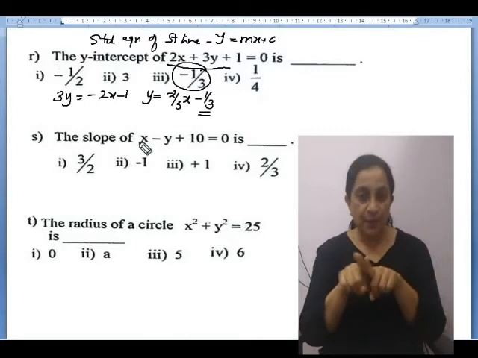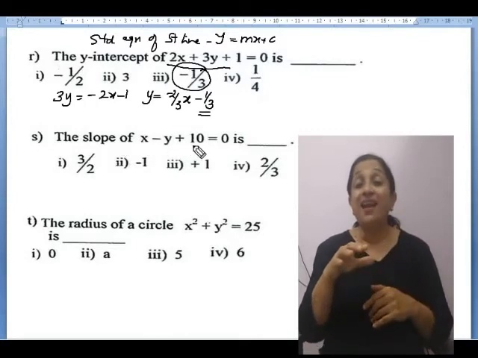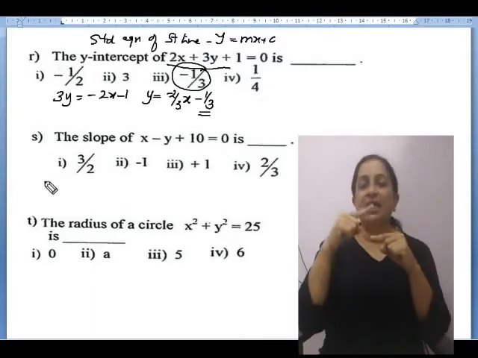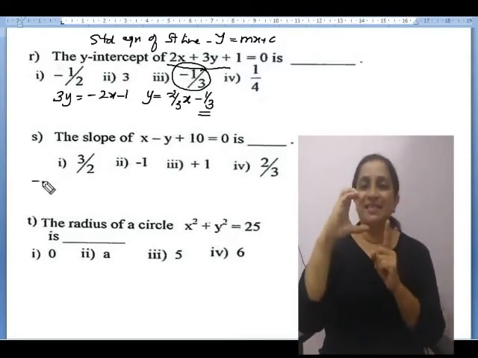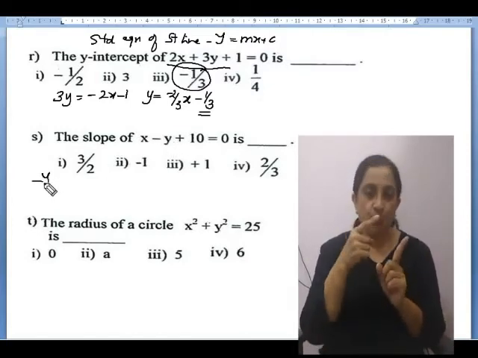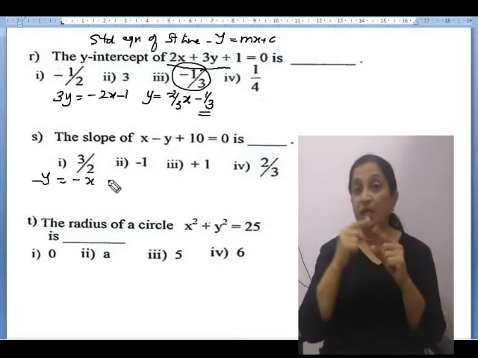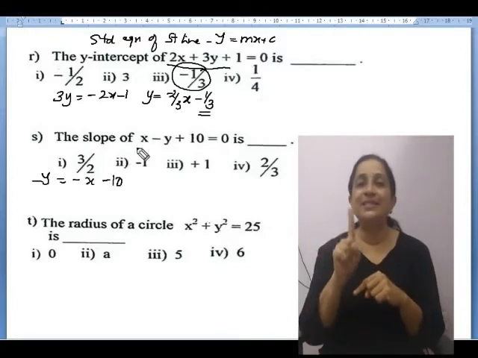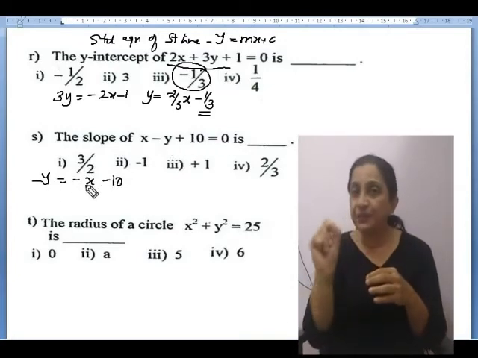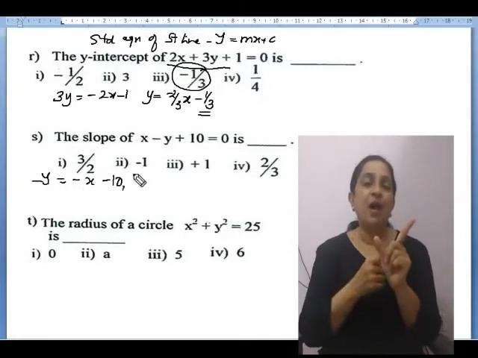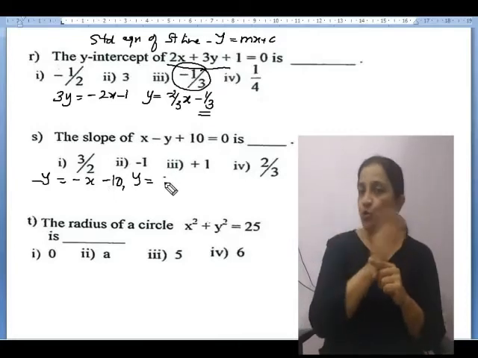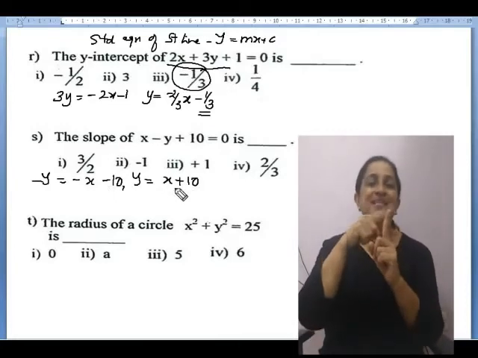Then in the same way, what is the slope of the line x minus y plus 10 is equal to 0? Again you bring it to the format of y equal to mx plus c. Minus y is equal to, take the other components to the right, minus x minus 10, or y is equal to, take out minus everywhere, then it will be x plus 10.